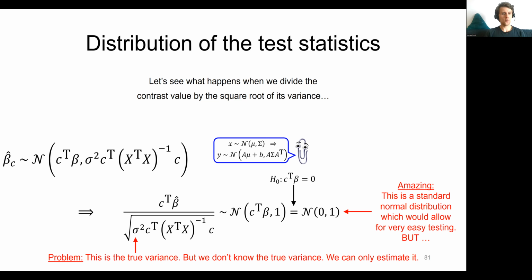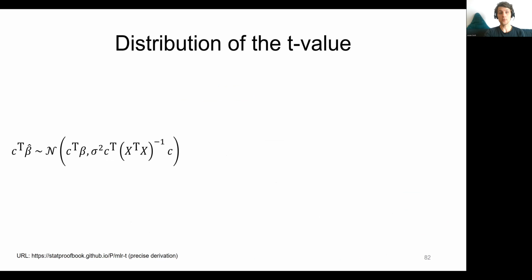And the problem is that we don't know the true noise variance. We can only estimate it. So our next question will be, what will happen if we divide by the estimated standard error rather than the true standard error?